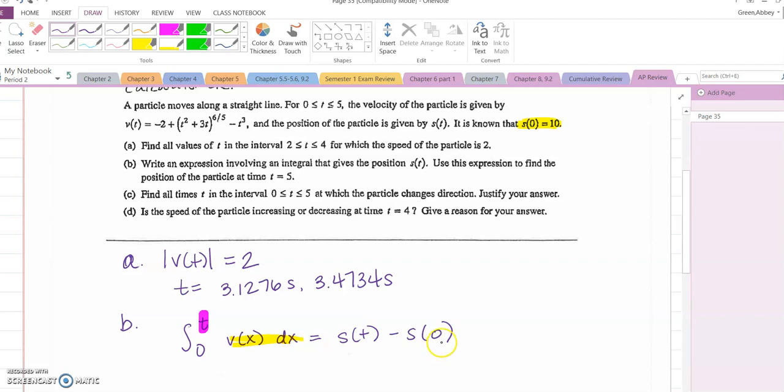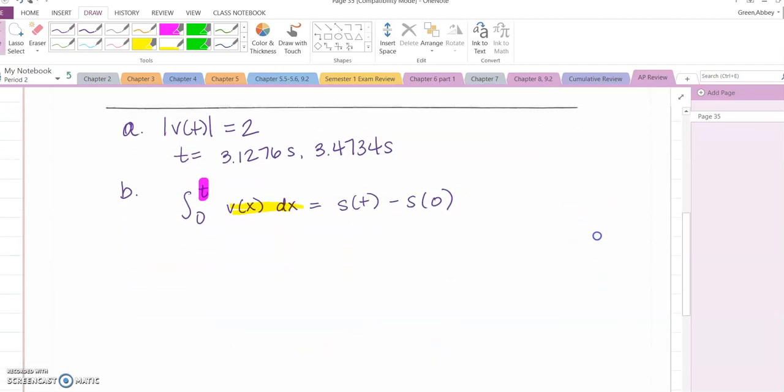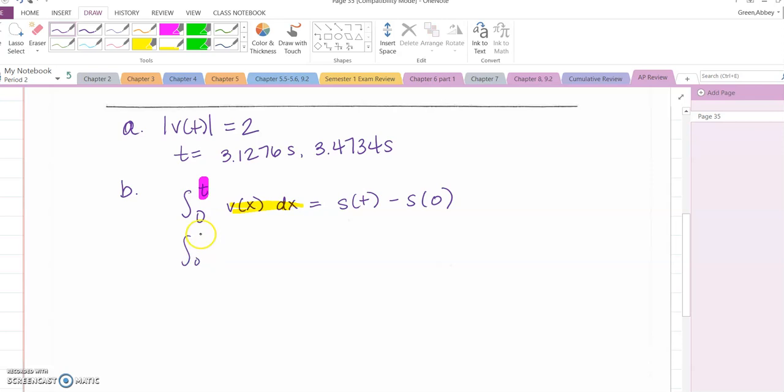s of 0 is equal to 10. Therefore, s of t is equal to 10 plus the integral, sorry, I just caught my mistake.